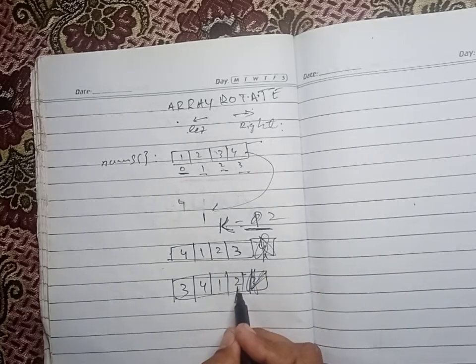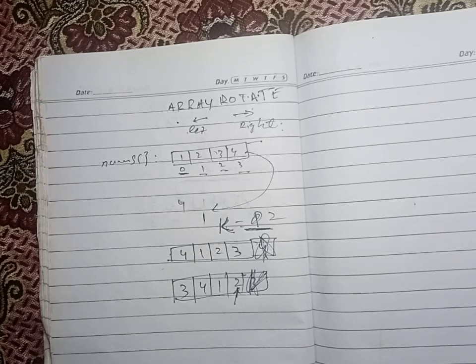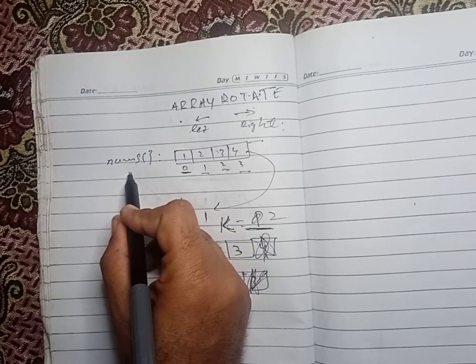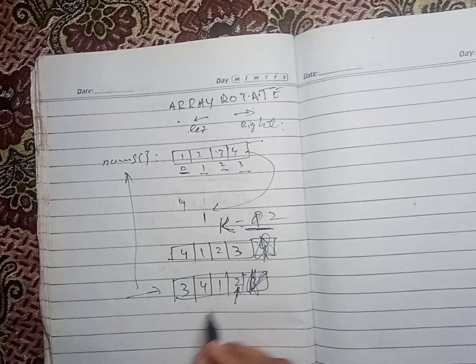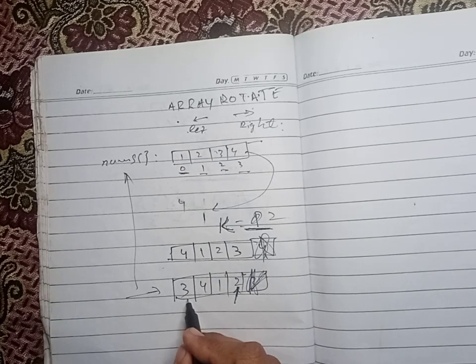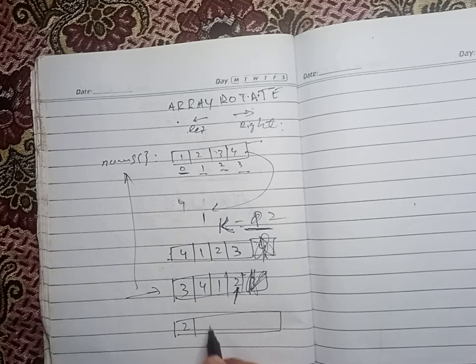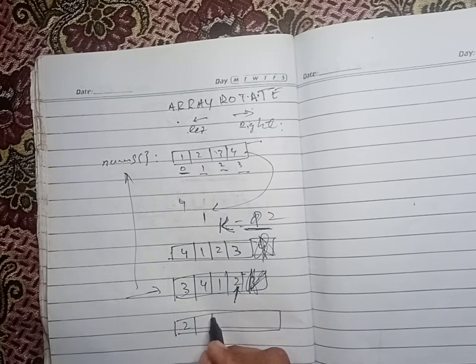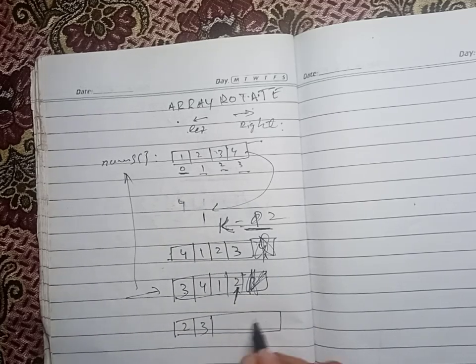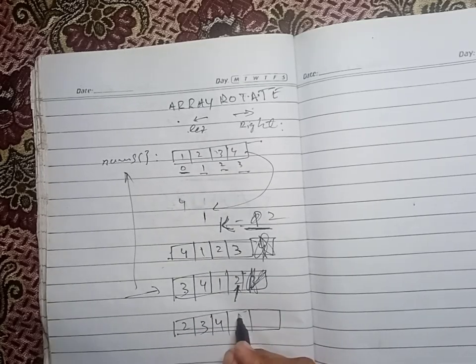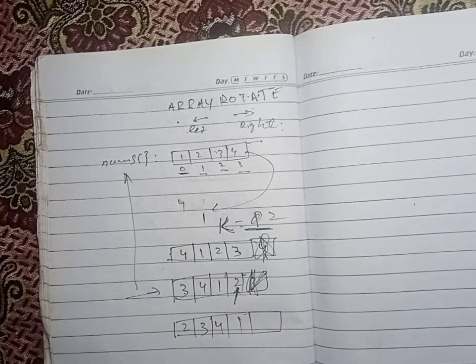Now at the last stage we found 2 at the last element of the array, so it is shifted to the initial position. 2 is here, 3 goes right by 1 unit, 4 goes right by 1 unit, and 1 goes right by 1 unit.